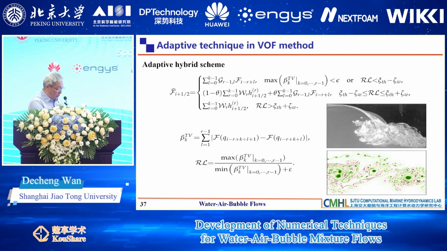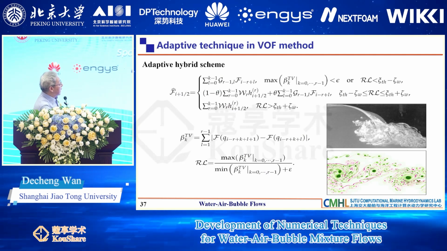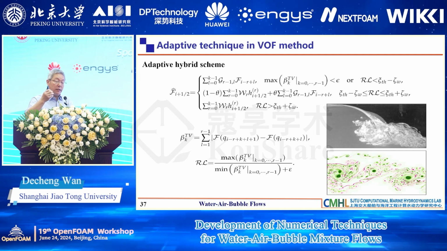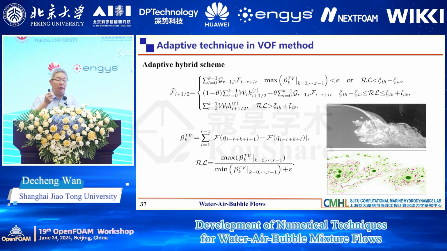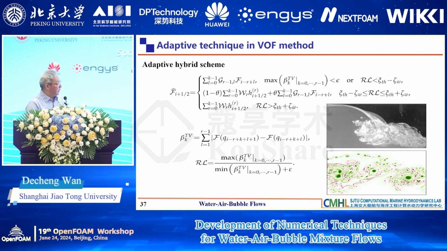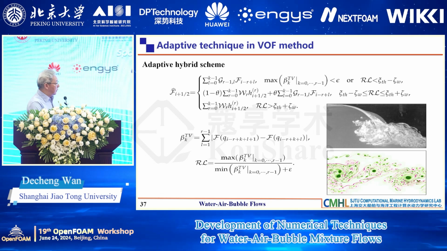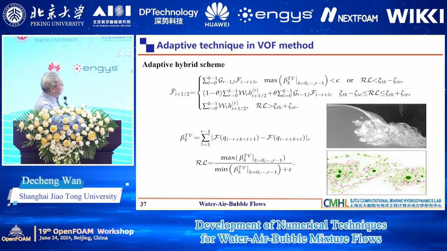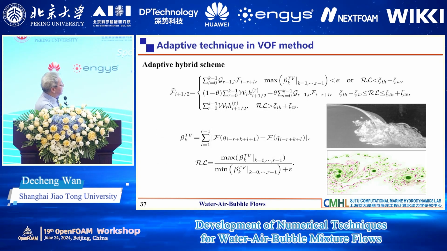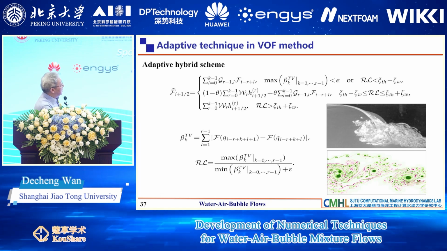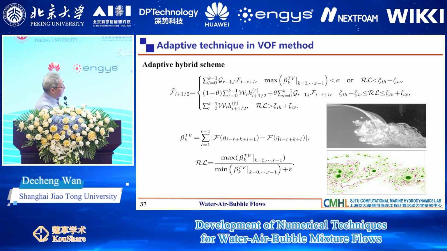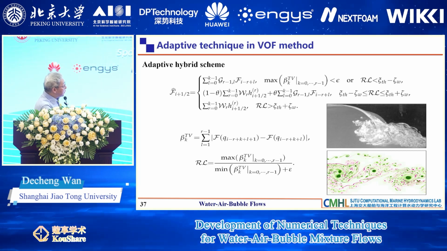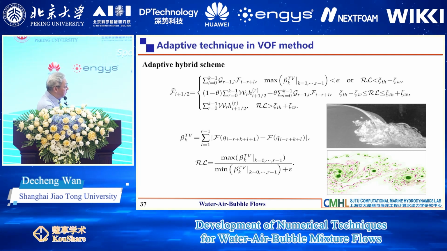Another thing, we try to use an adaptive hybrid scheme, because as I said, the time scale and the space scale always have a large change. So we use the adaptive hybrid scheme. We use this beta to select the scheme in different regions.